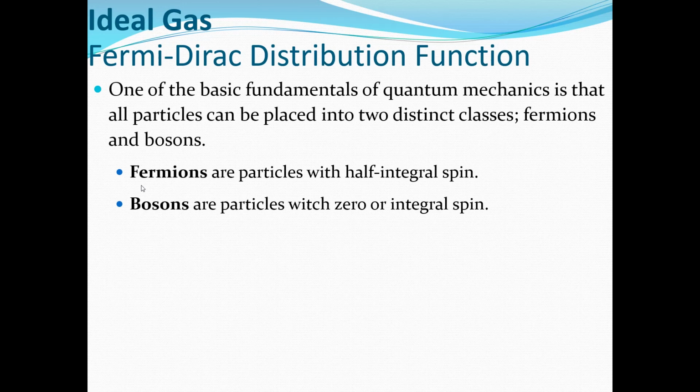However, once we start getting into the quantum realm, where the amount of energy is being limited due to the low temperature, or the high concentration, then we do have to start making these distinctions between whether we're dealing with a fermion or a boson. So fermions are particles that have half integer spins, and bosons have zero or integer spins.